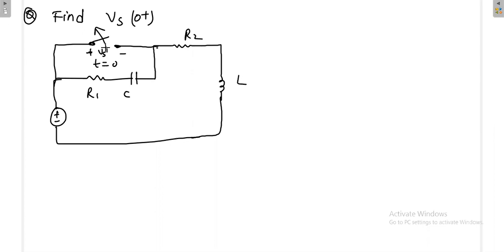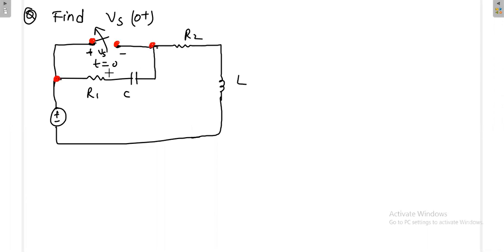There is one switch, and the switch is opened at t equal to 0. That means before t equal to 0 the switch is closed. Then what is the voltage between these 2 points? Remember, the voltage between these 2 points is the same as the voltage between these 2 points. You have to understand that.